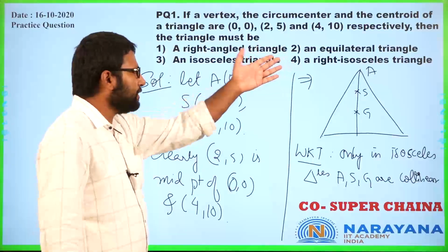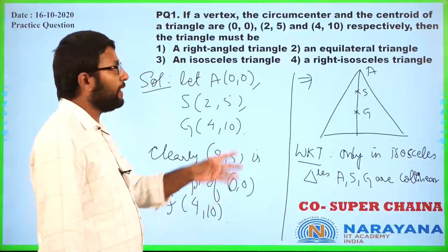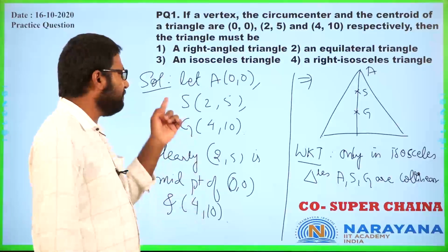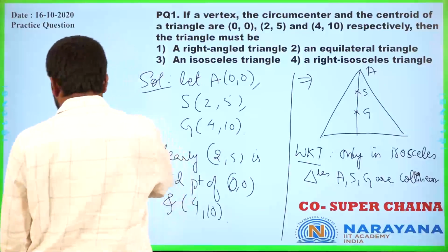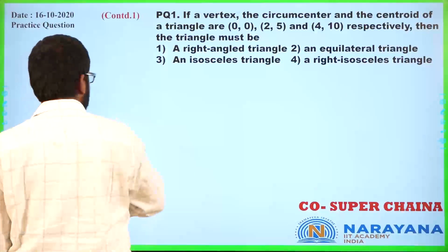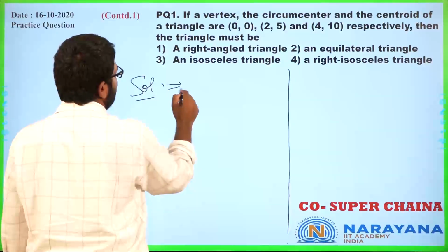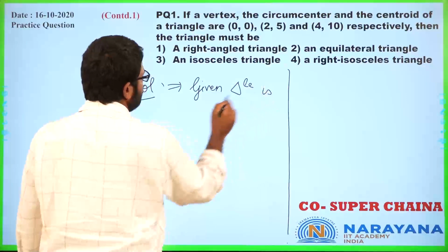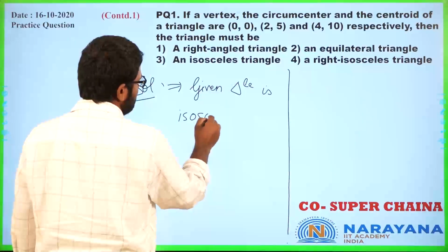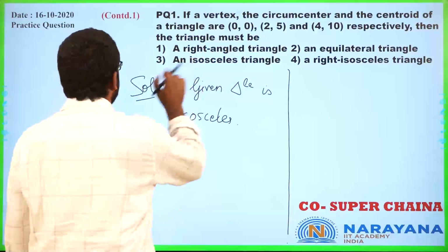Why is it not right isosceles? There is nothing in the question that suggests a right angle triangle. So we can't be sure that it is a right isosceles, but we can be sure that this is an isosceles triangle, right? Which means the given triangle is isosceles. Got it? Okay, let us proceed then.